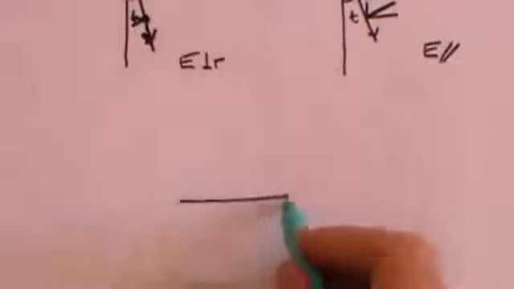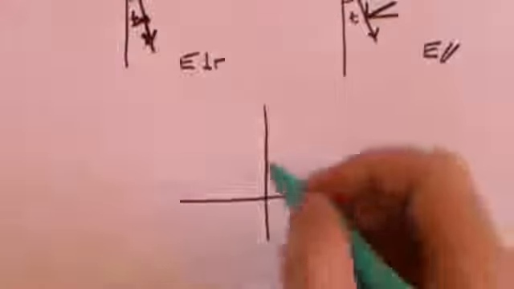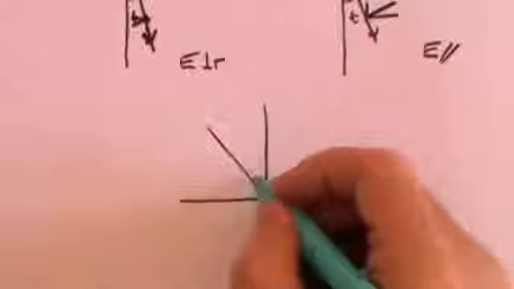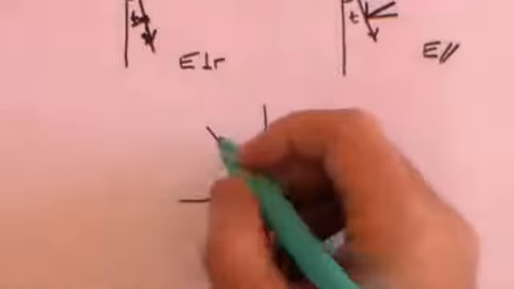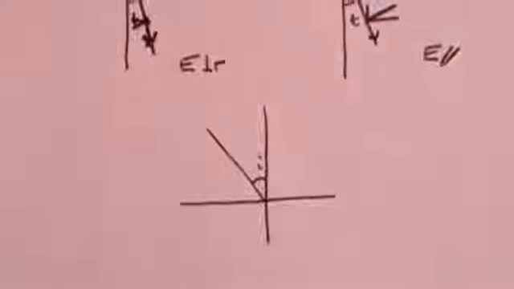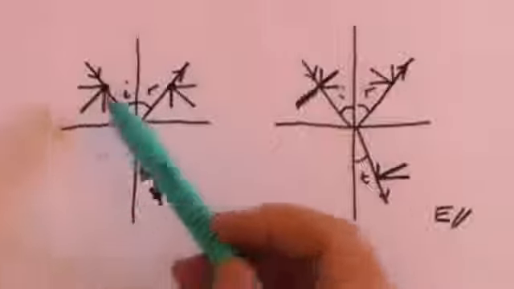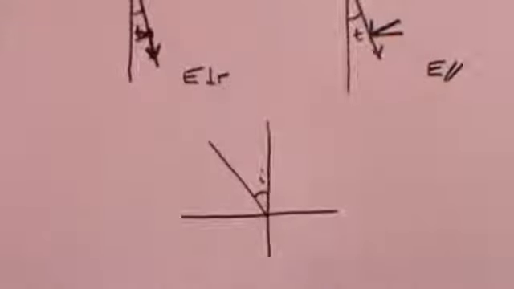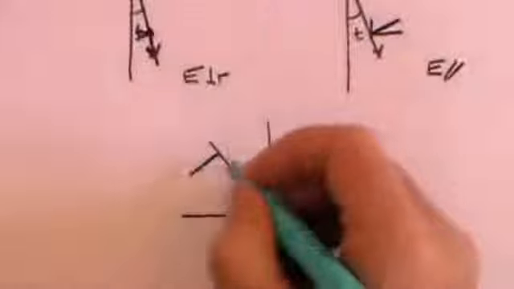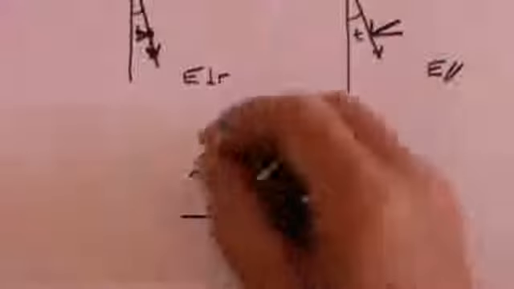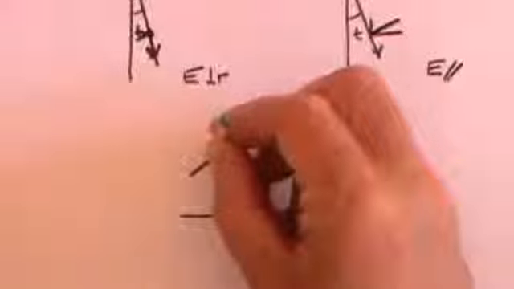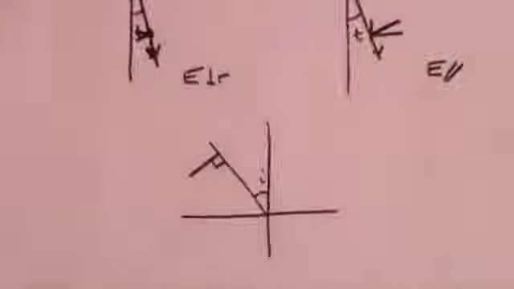Now let's just do a little bit of geometry. We will take the incident beam, that is the angle of incidence. Let us say we're taking this diagram here, so we're looking at the B field, which of course is at right angles with the direction of travel of the beam, and just to labour the point, the E field is perpendicular, sticking out of the page, but we'll ignore that for the moment.